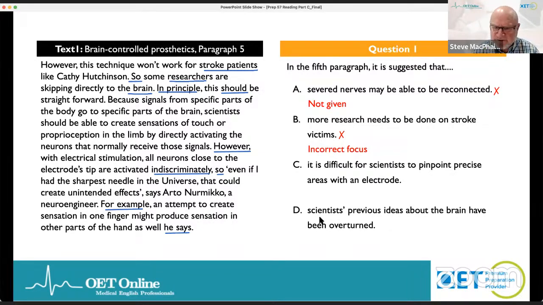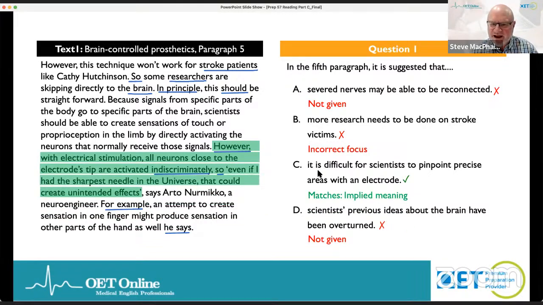Let's jump to D. Scientists' previous ideas about the brain have been overturned. Have we overturned previous ideas? I don't remember reading about previous ideas. So it's really not the topic. It is actually what people are saying.